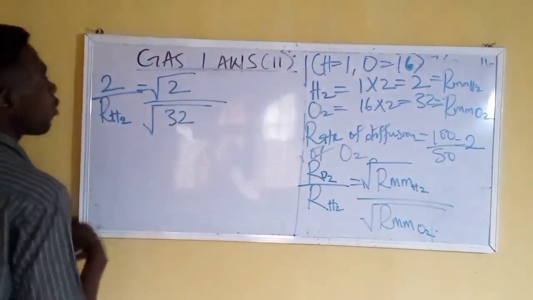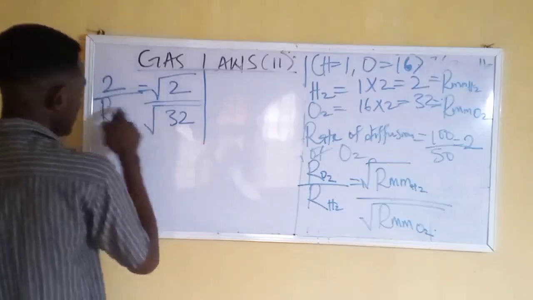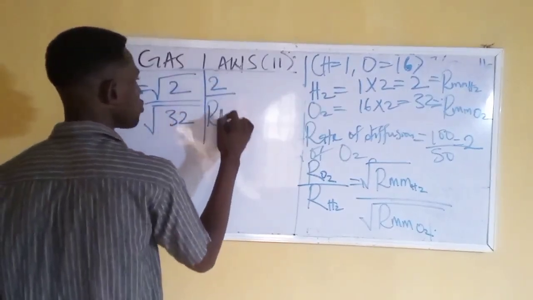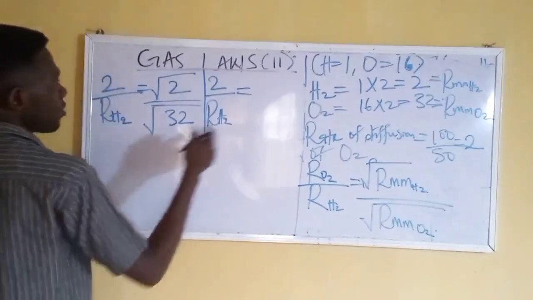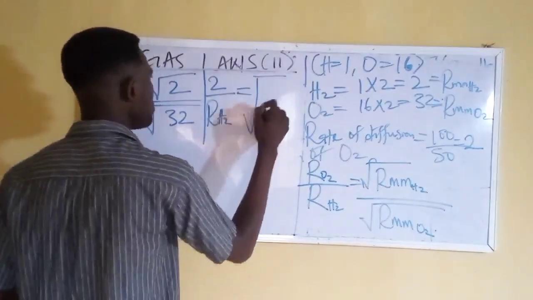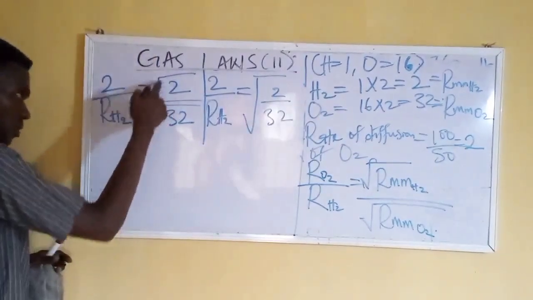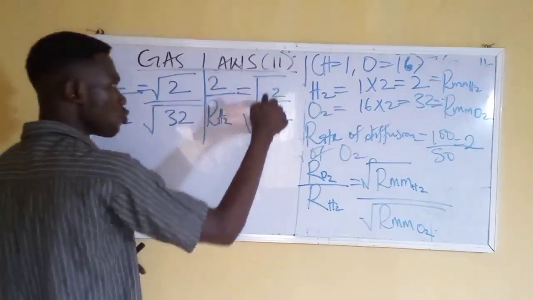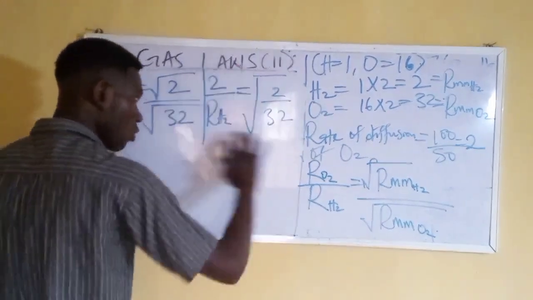Now I want you to understand that this statement can also be written as 2 over RH2, that is the rate of diffusion of hydrogen gas, equals root 2 over root 32, which can still be written all in one as the root of 2 over 32.